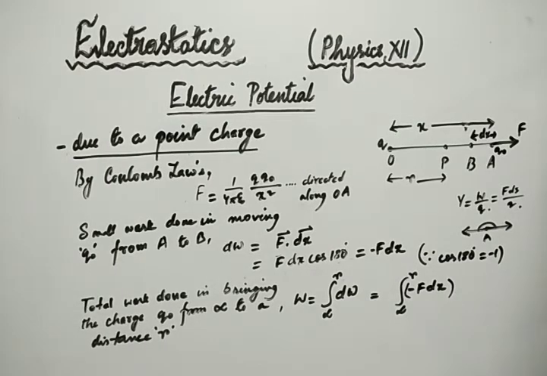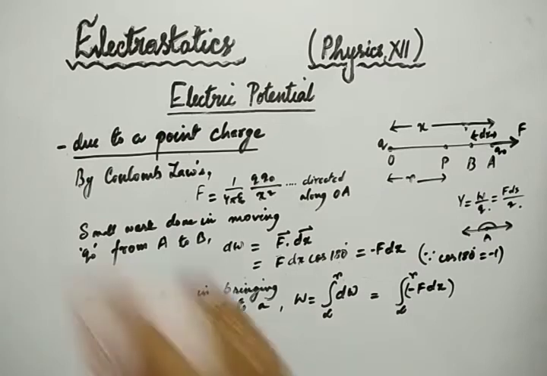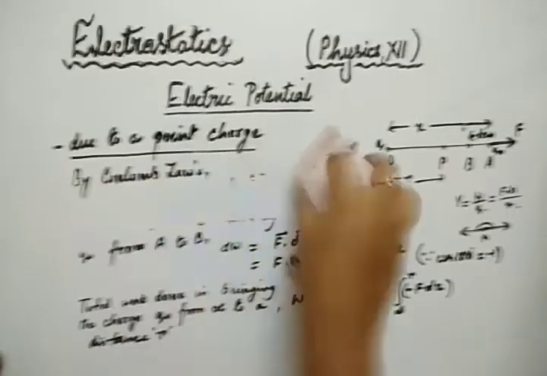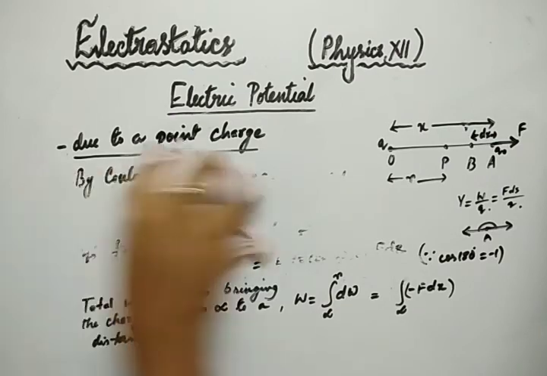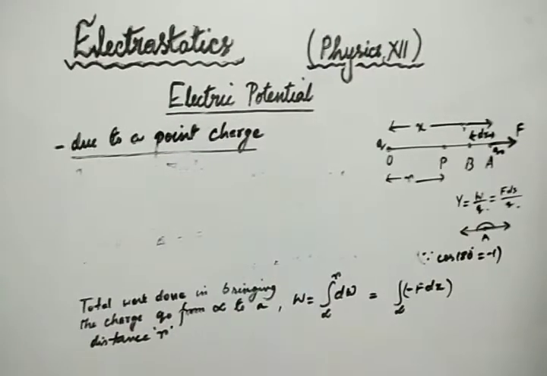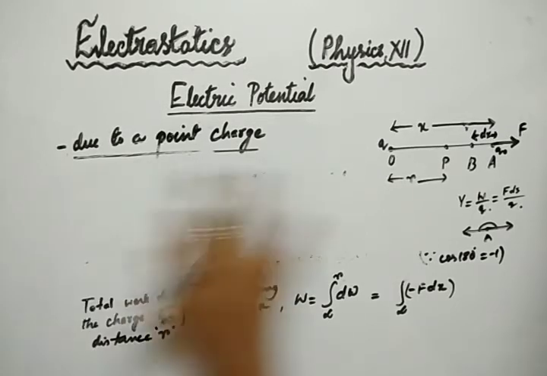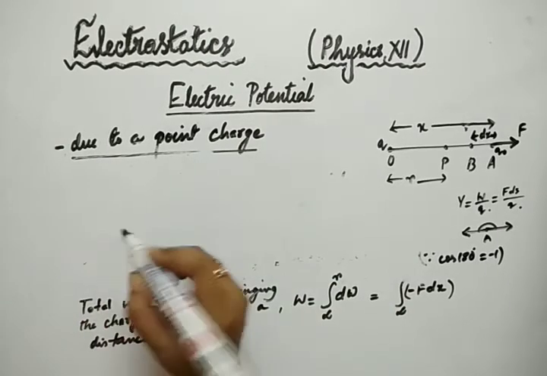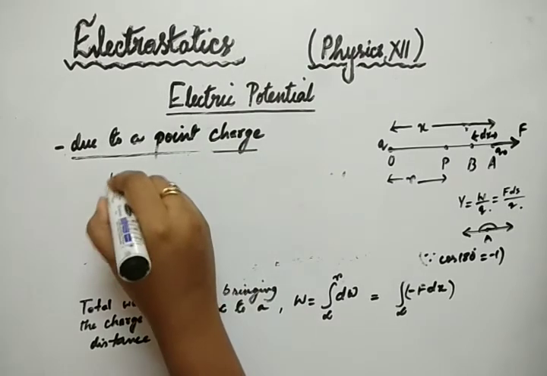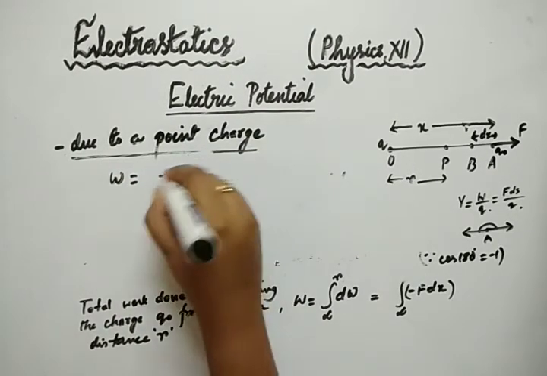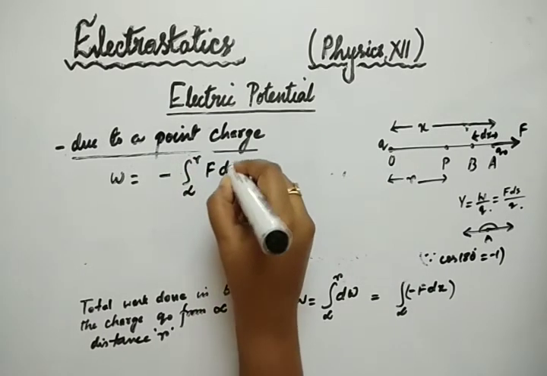Now let us erase some of the portions. So here we can see this work done can be written as, minus will come outside.